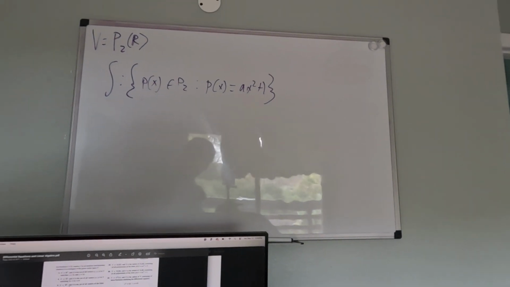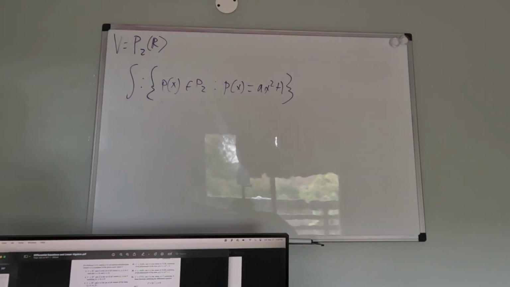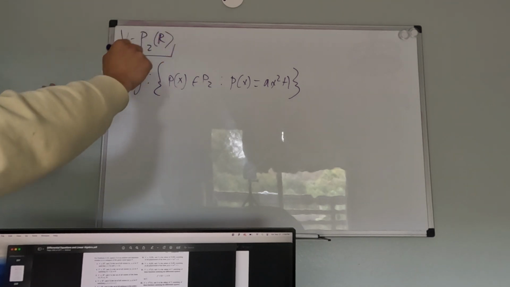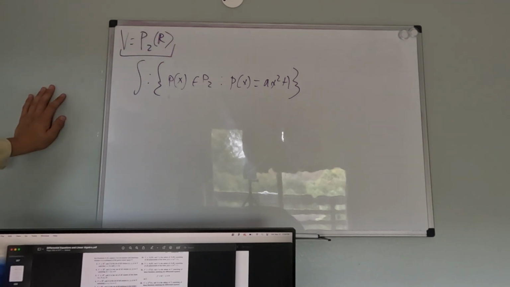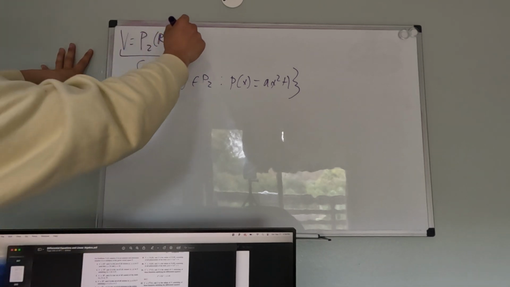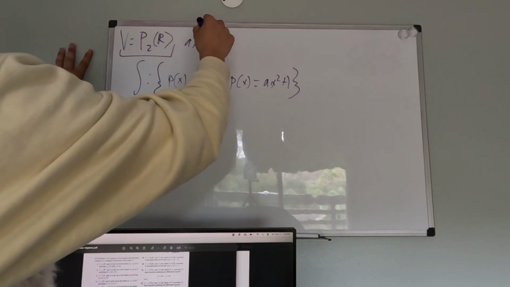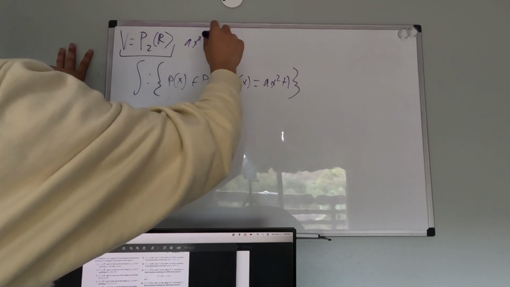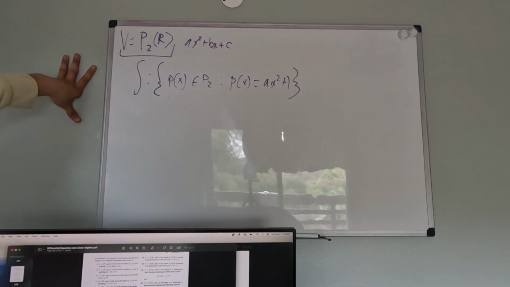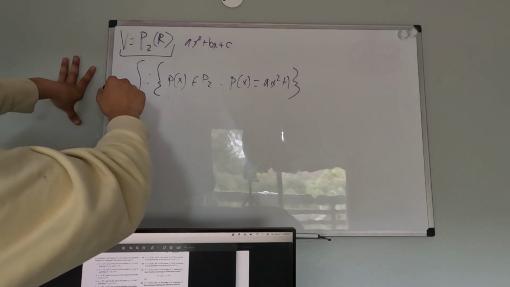Alright, this is going to be the last problem that we're going to do for today. Our vector space is P2, which is all polynomial functions of degree 2. So that's all these things right here: ax squared plus bx plus c. This is our subspace that we're given.